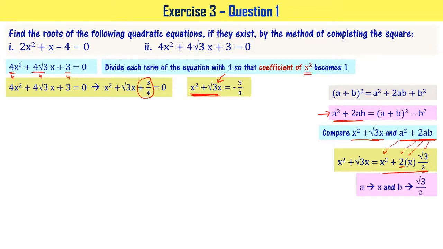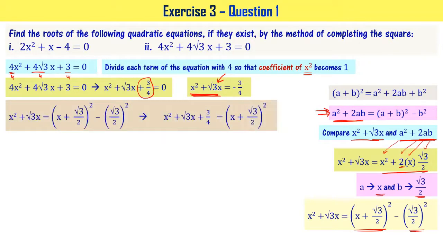Now let me write this equation. Since we know a is equal to x and b equal to root 3 by 2, let me write a square plus 2ab. When I substitute x and root 3 by 2 into that, the equation becomes x square plus root 3x equal to x plus root 3 by 2 whole square. This is a plus b whole square minus root 3 by 2 whole square, right? Let me write this.